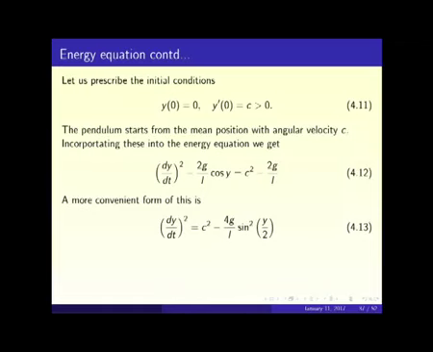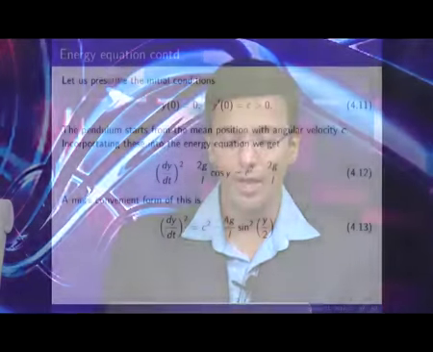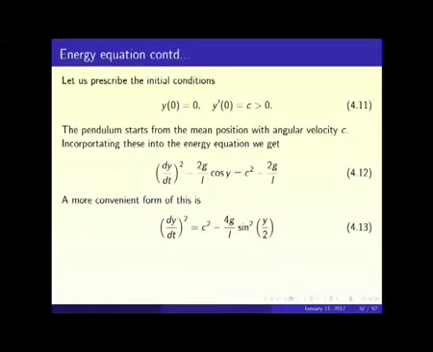Now, you might look at equation 4.13 and you will be happy because you got a first order differential equation. Equation 4.13 is a first order differential equation. Our immediate impulse will be to take the square root and say dy by dt equals square root of c squared minus 4g by L sine squared y by 2. And that's a variable separable equation. We are very happy.